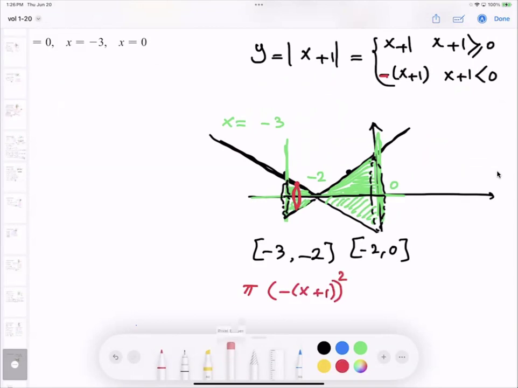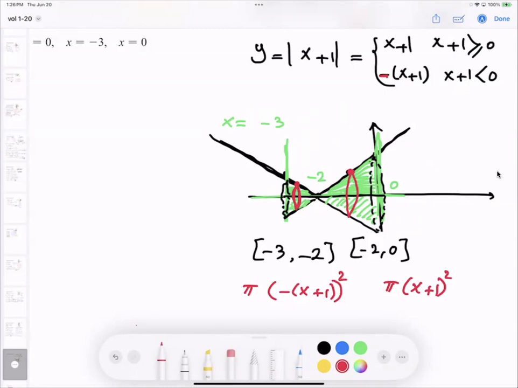For the area on the right-hand side, what do you have? You have pi times, and if you look at the cross section here, it is located on this increasing line x plus 1. You get (x plus 1) to the second power. But remember that since we are raising these two to the second power, you can simplify this a little bit more. This negative, because of exponent 2, disappears.